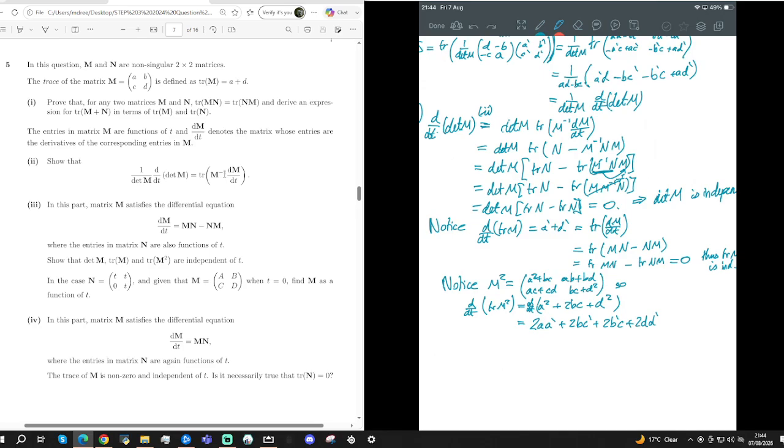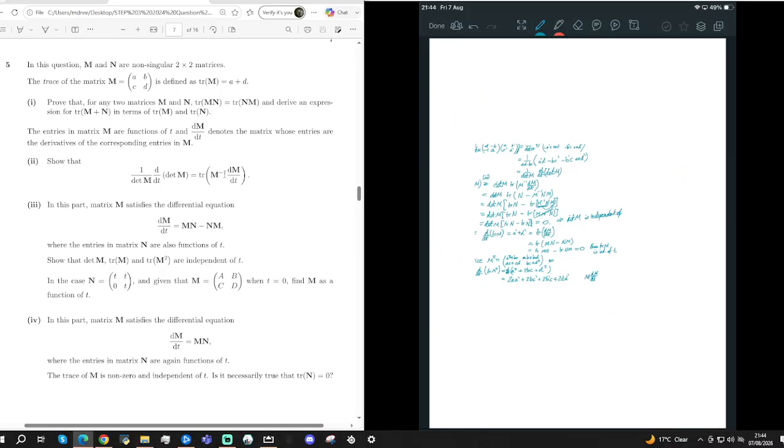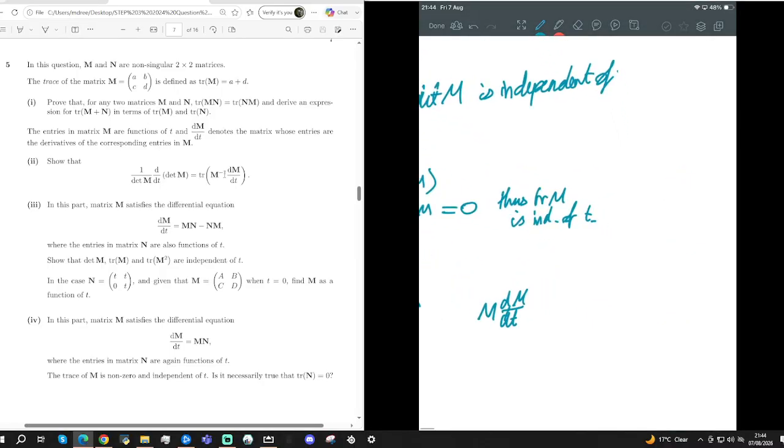So how do I think about this? Unless this thing is... Oh, that would be convenient. I'm now thinking, what is M times the derivative of M? If I think about this matrix briefly, maybe this trace is exactly the trace I need, and lots of nice things happen.